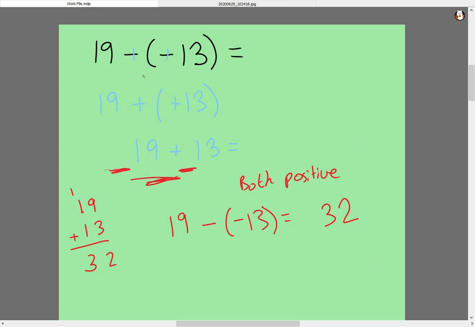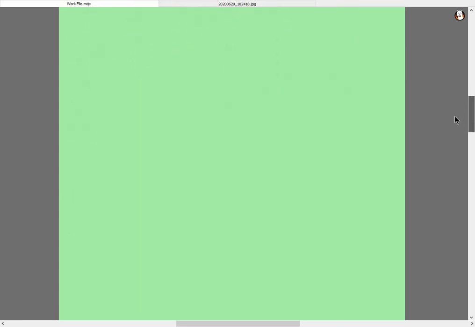So yeah, this step right here is probably the weirdest part. I'm a big fan of this step because there's so much less you can do with subtraction. Addition I can rearrange however I want. Let's talk about that for just a second. If we have 19 plus 13, that's the same thing as 13 plus 19. It doesn't matter which order you go in.